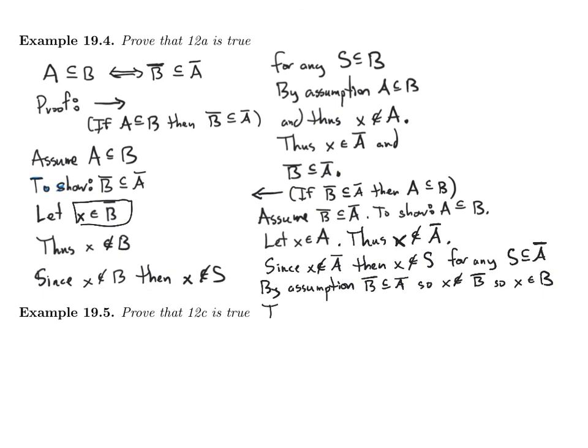Thus, we have that A is indeed a subset of B, since we started with X being in A, and using our assumption, which we used here, we showed that it was indeed in B as well. So A is a subset of B. So now the result is indeed proved.